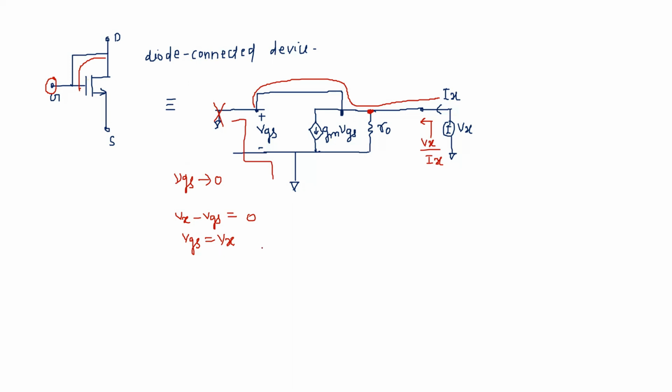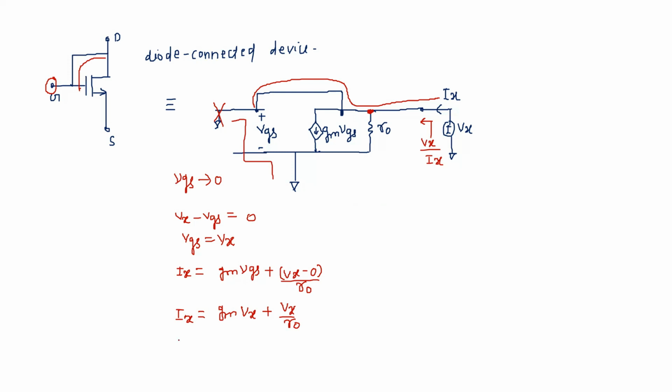If we apply the KCL, it is like Ix is equal to gm VGS plus the drain voltage minus the source voltage divided by r0. So we get Ix equal to gm Vx plus Vx by r0.